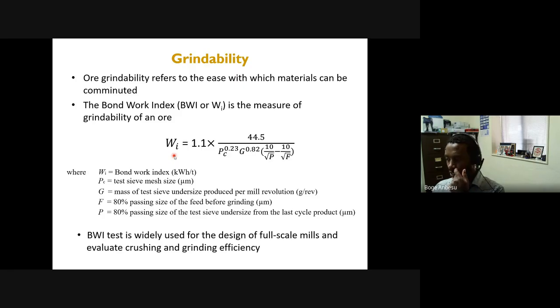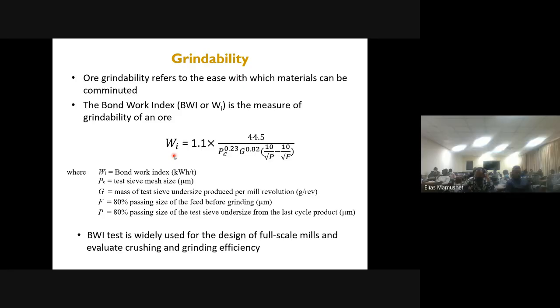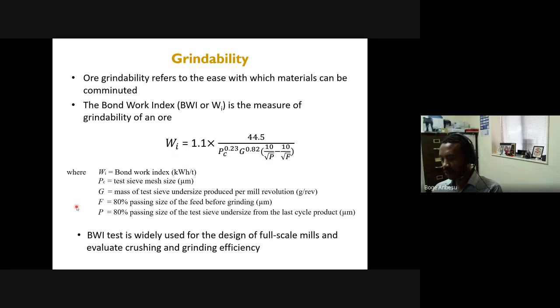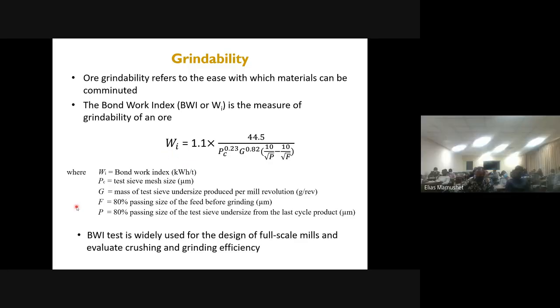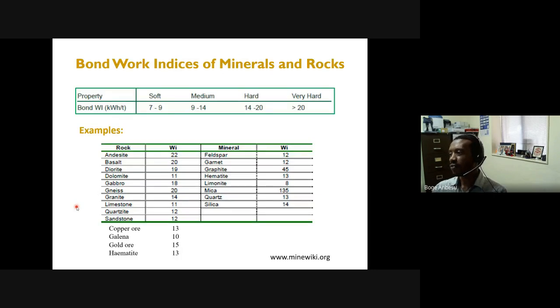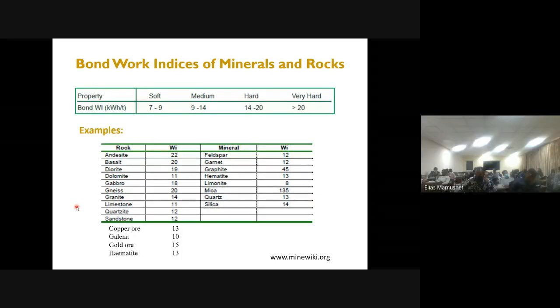And also when we design mills, we take into account the bond work index and so on to help us understand the grinding operation a bit better and also efficiently conduct grinding.